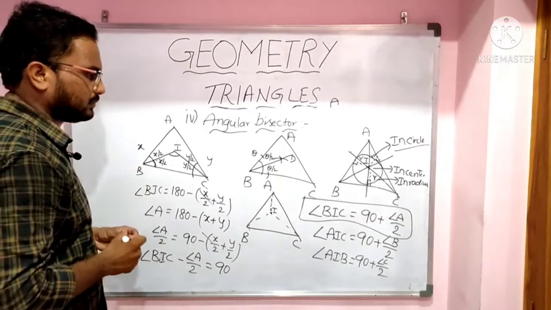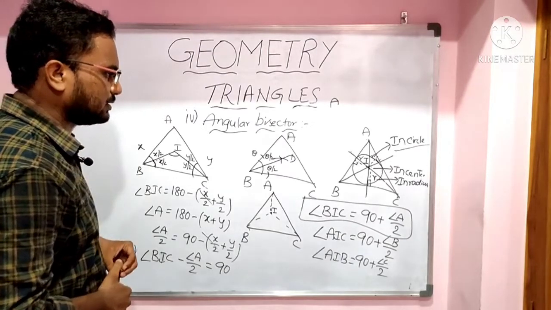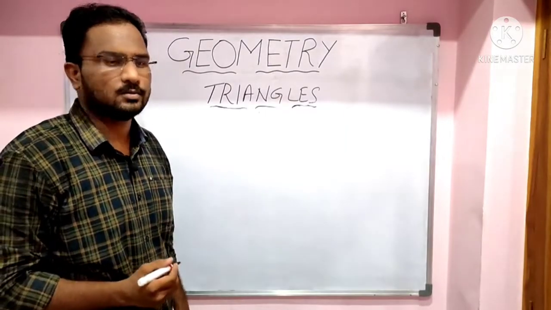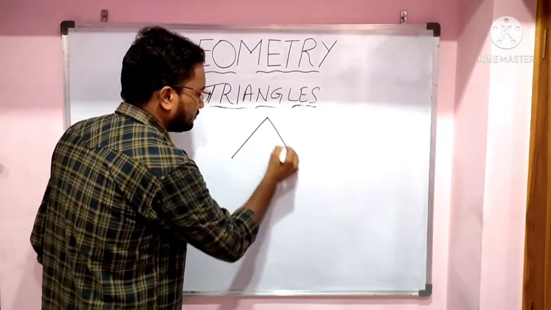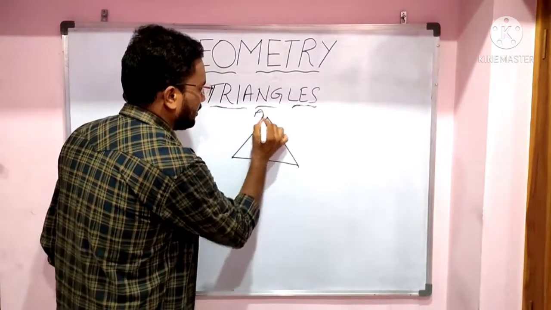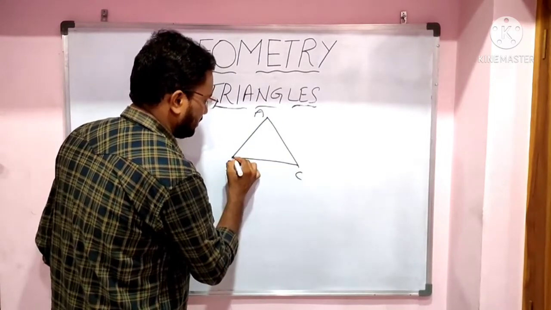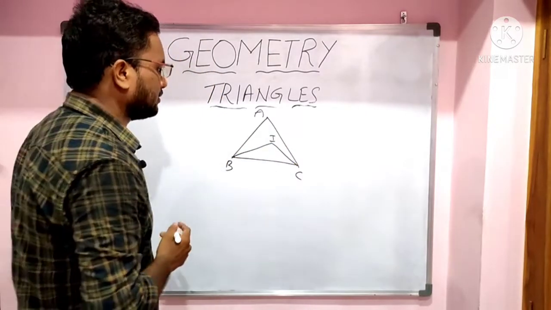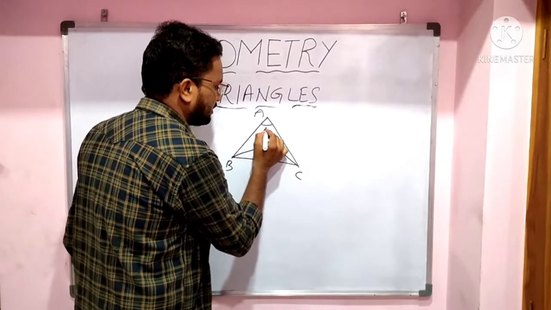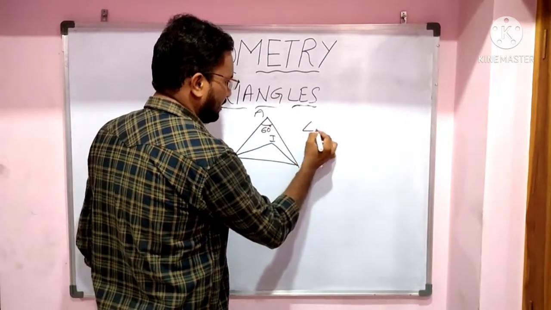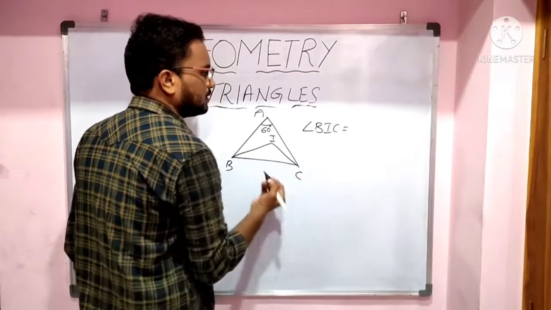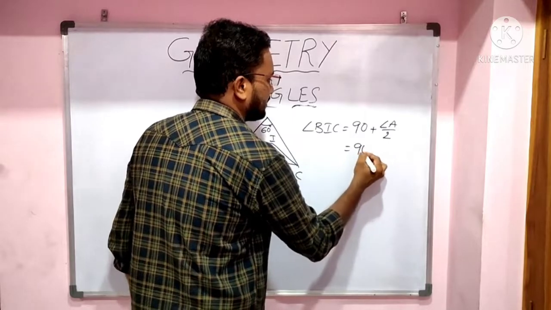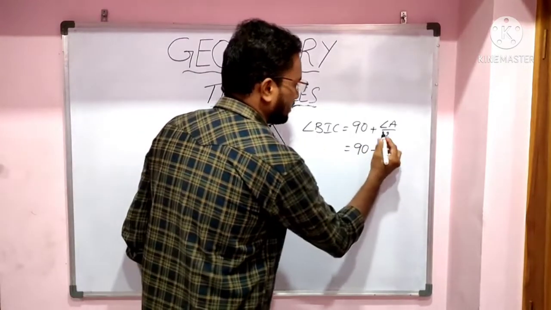This is angle bisector and incenter. Let's take a triangle ABC, and this is I, which is the incenter. If angle A is 60 degrees, then angle BIC is equal to 90 plus angle A by 2, so 90 plus 60 by 2, which is 30.